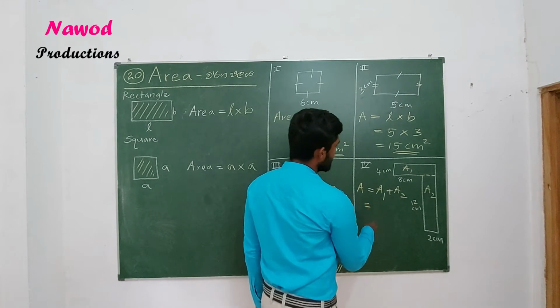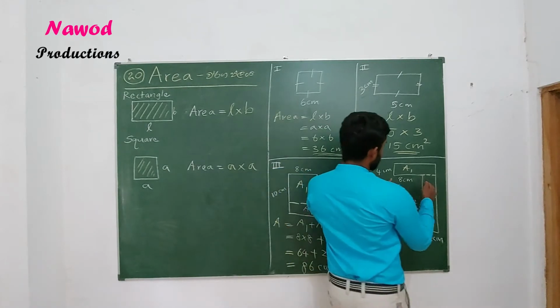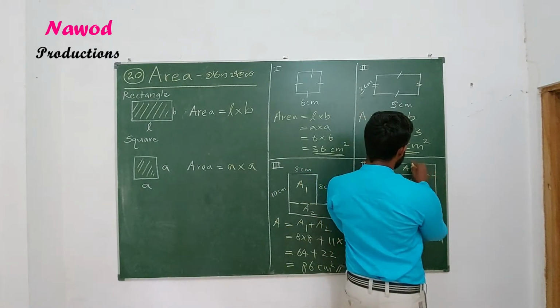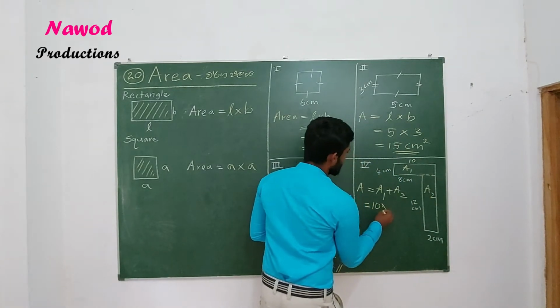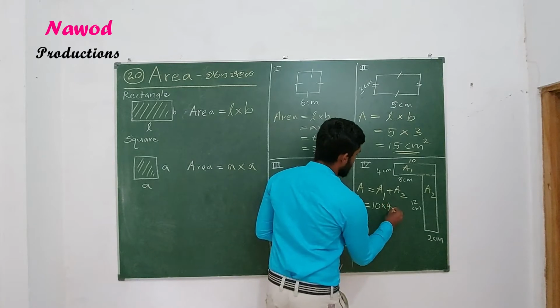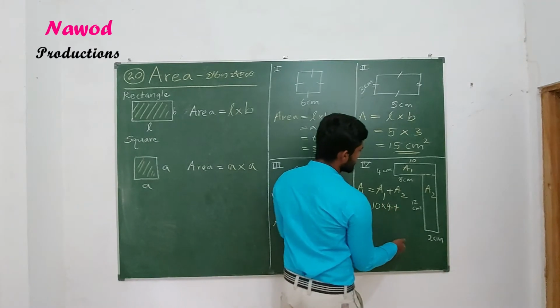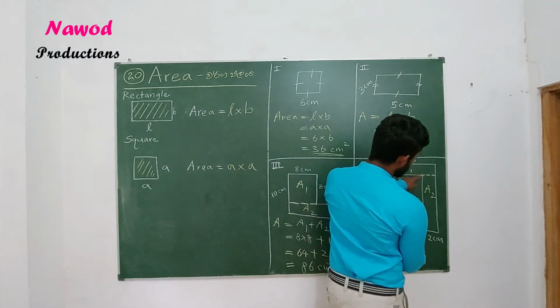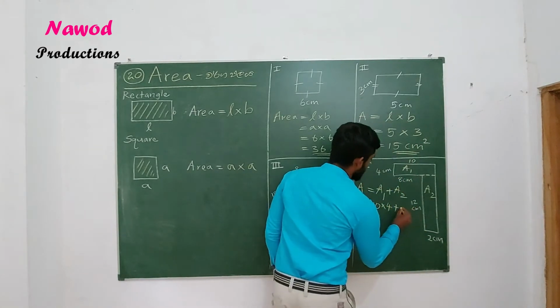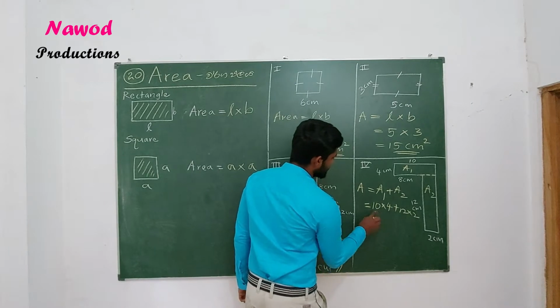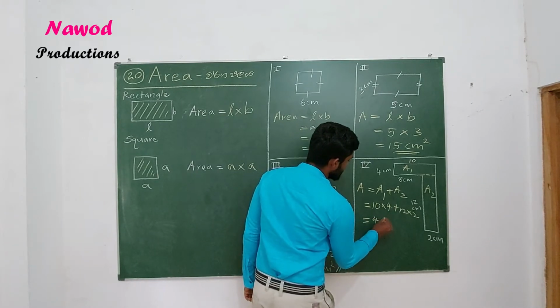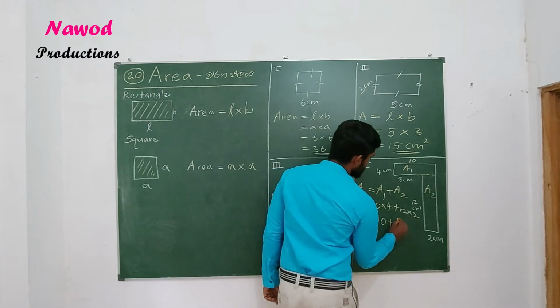A1 equals 8 plus 2, 10, 10 into 4, plus here to here 12, 12 into 2. 10 into 4, 40. 12 into 2, 24.